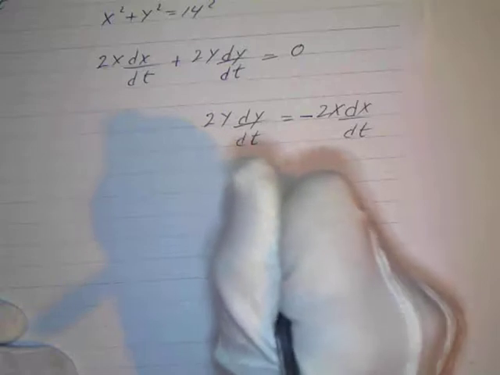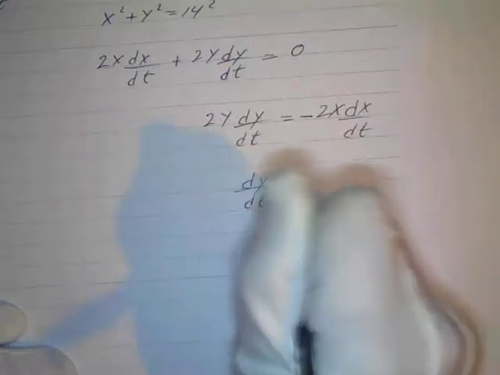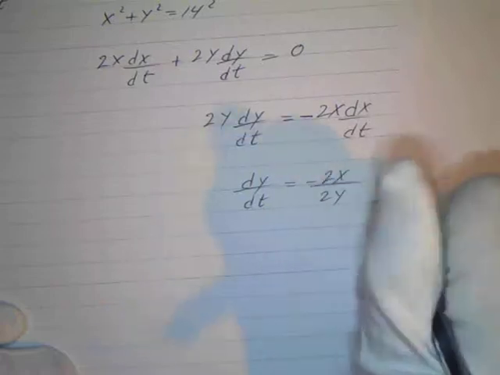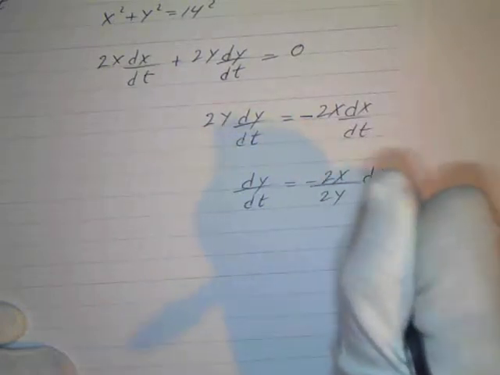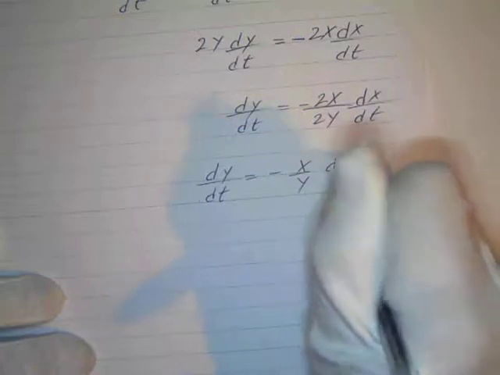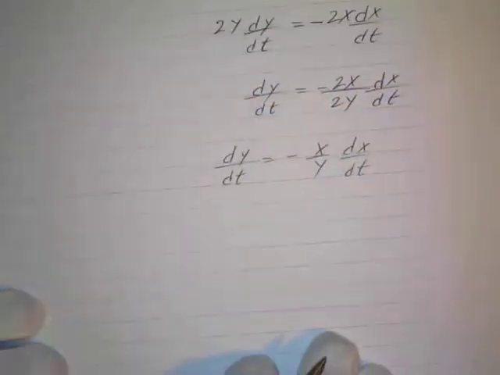And if I divide both sides by 2y, I have dy/dt equals negative 2x over 2y dx/dt. All right? And then we know that dy/dt equals just negative x over y dx/dt.